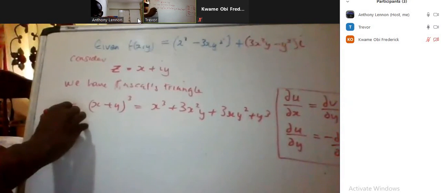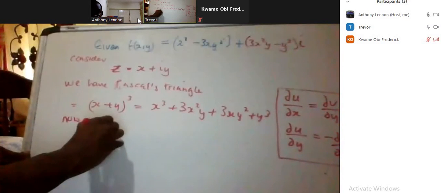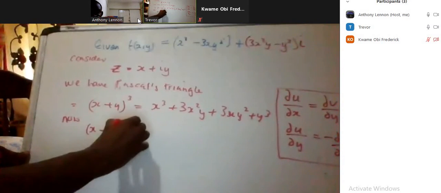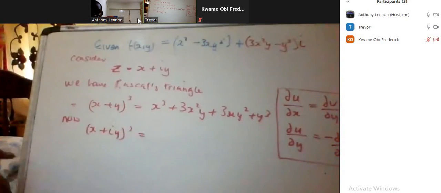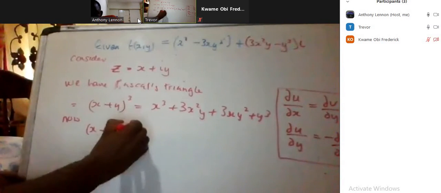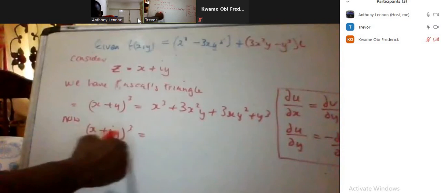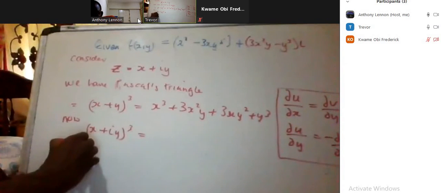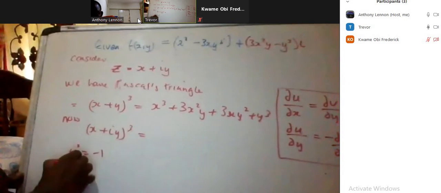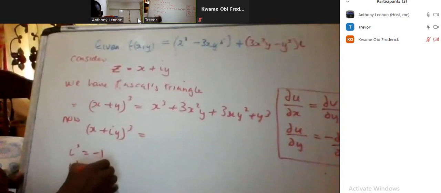Now consider you do that. Expand that in Pascal, remembering that i squared is equal to minus 1, i cubed is equal to minus i.